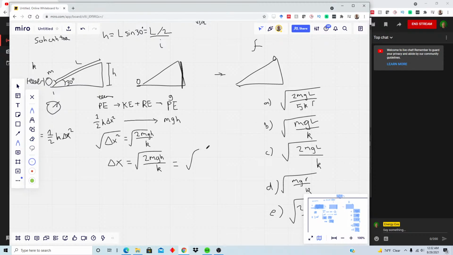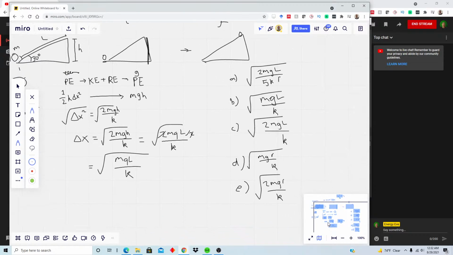This is going to be equal to the square root of 2mgL over 2 divided by k, and so these twos would cancel out. You're going to get the square root of mgL over k. And so now we do have an answer here.